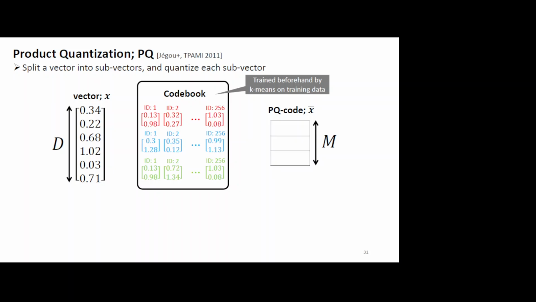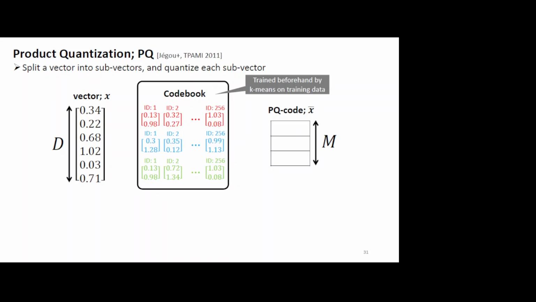Here I give you an overview of product quantization, PQ. In PQ we split the data into sub-vectors. In this case the dimension is 6, so I divide the dimension into 3 parts. The first 2 dimensions are the first part, then the second part, and then the third part. Each part is a 2-dimensional vector.